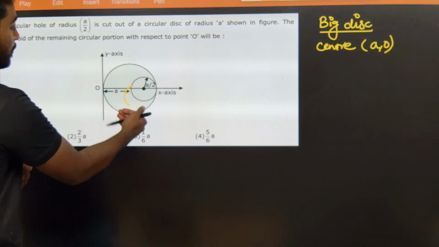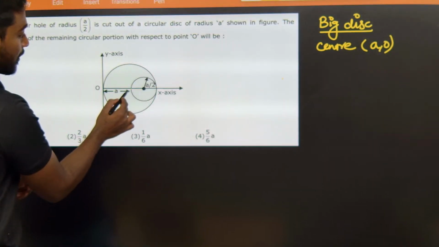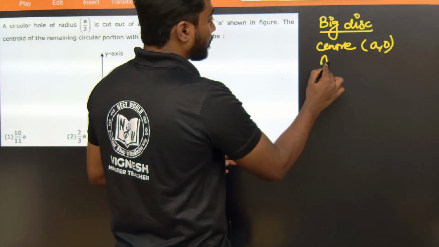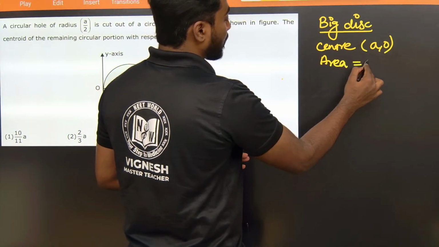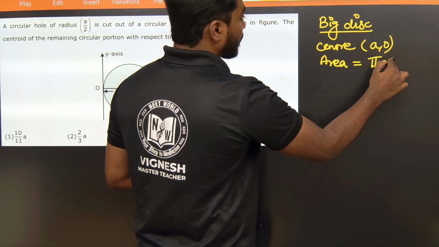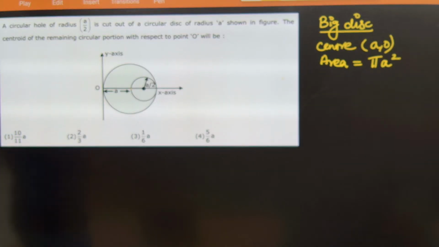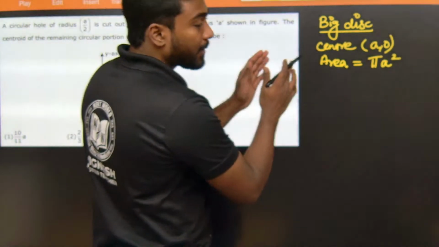This is the center point. Then what about the area? The radius is a, so area is pi a square.